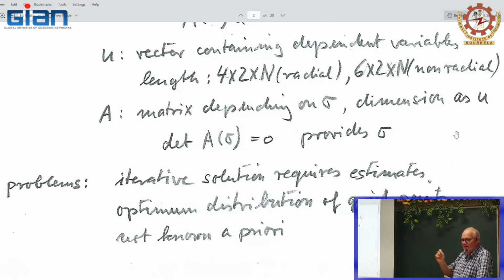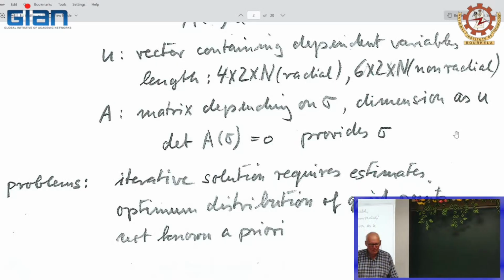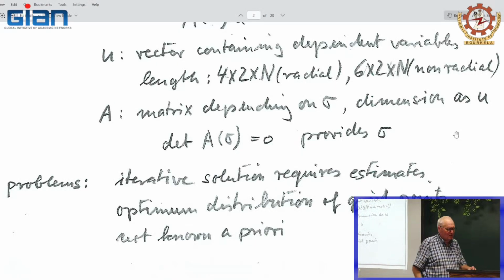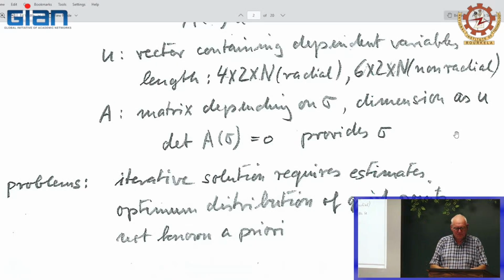And if you go to higher order modes, which have many nodes, then the resolution you need increases drastically, and this might lead to the determinant A becoming ill-conditioned, so that you cannot determine its zeros anymore once the system becomes too big.